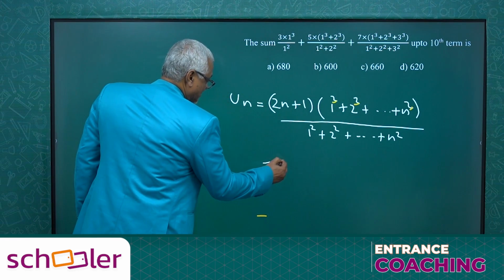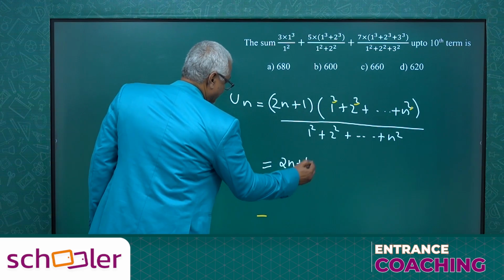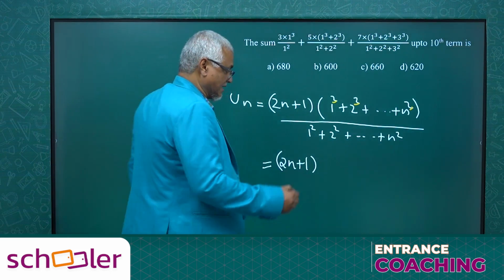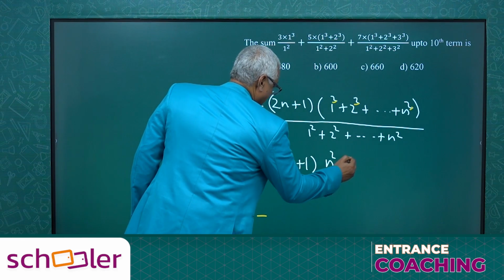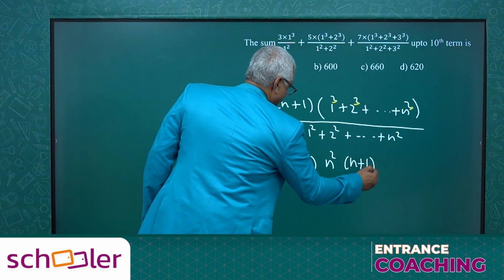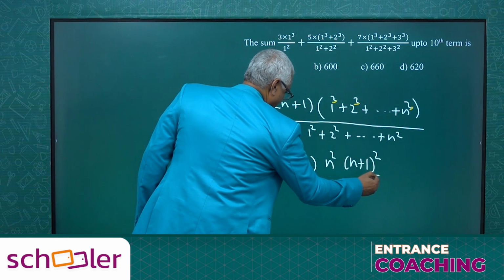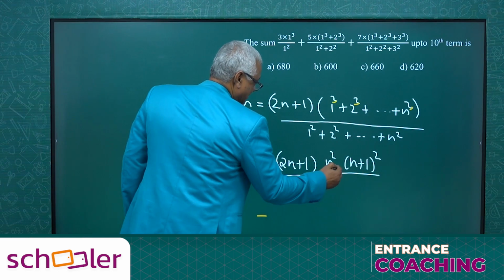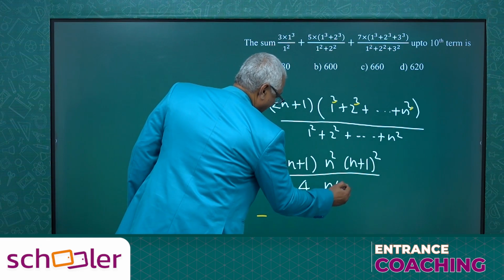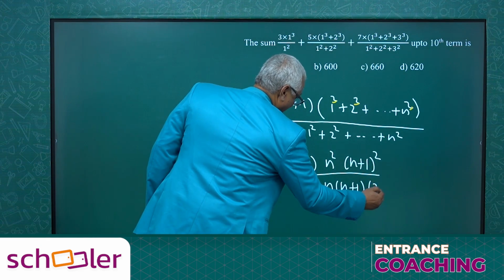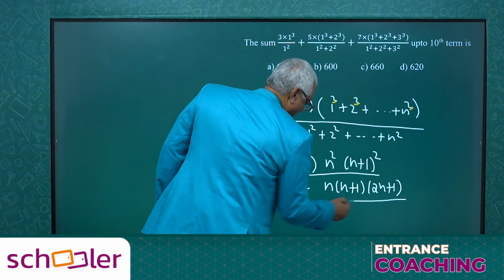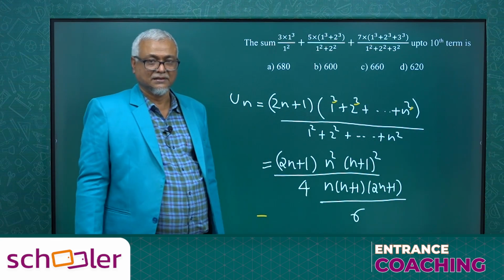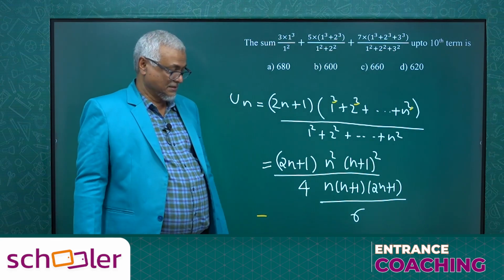This is equal to 2n plus 1 into the sum of the cubes of the first n natural numbers, n square into (n plus 1) whole square divided by 4, and the sum of squares, n into (n plus 1) into (2n plus 1) by 6. We write all the formulas.